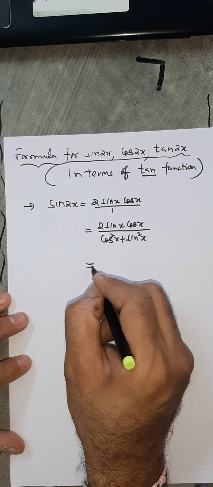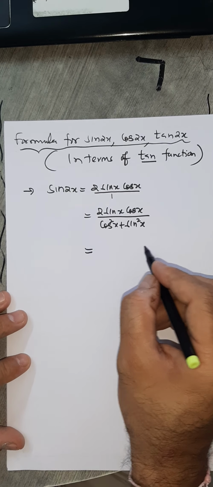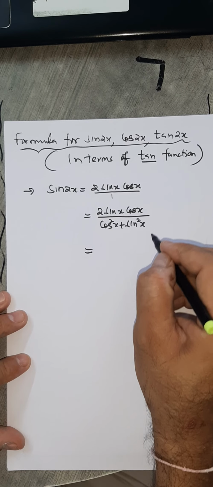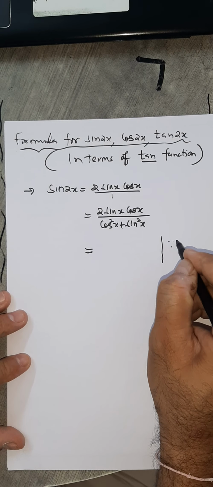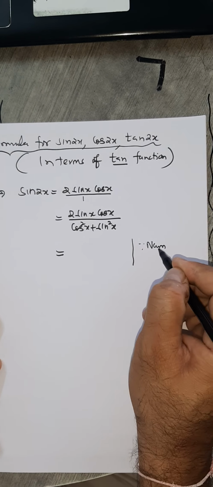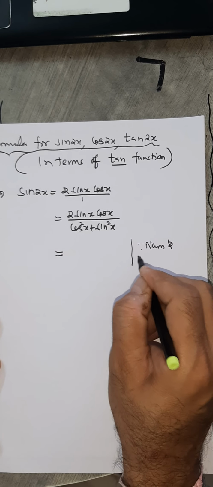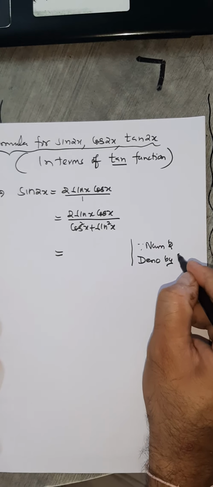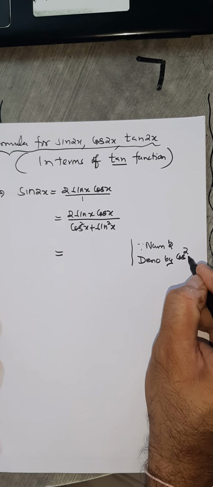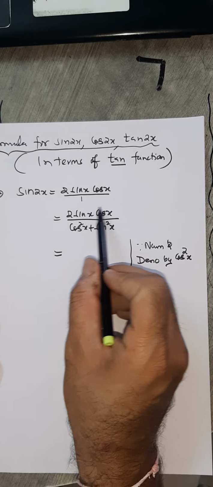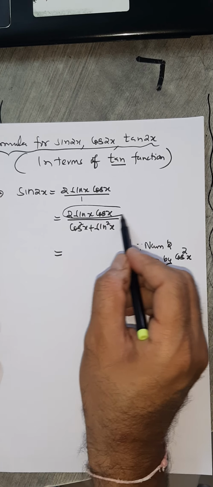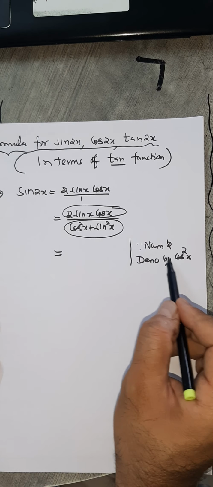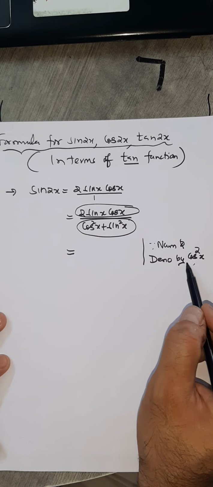Now I want to reduce it in terms of tan. So what I'll do, I'll divide numerator and denominator by cos square, because I want the tan function.